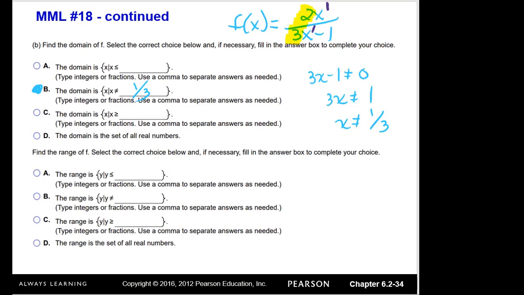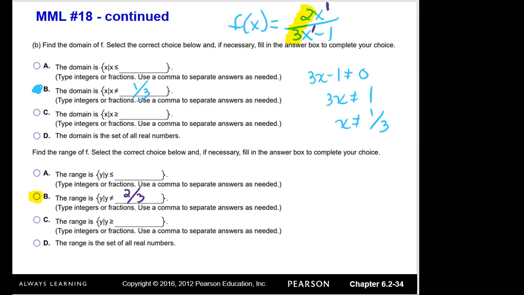And if it's an asymptote, that's horizontal, that means there is no point with a y coordinate of 2/3. So the range is going to be y such that y does not equal 2/3. Little review for you on that.